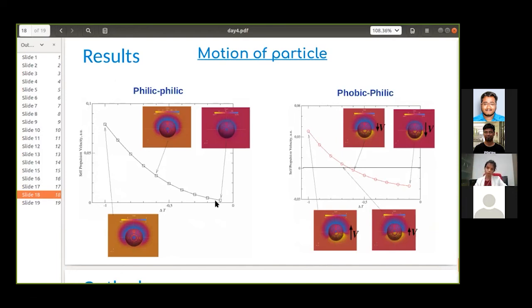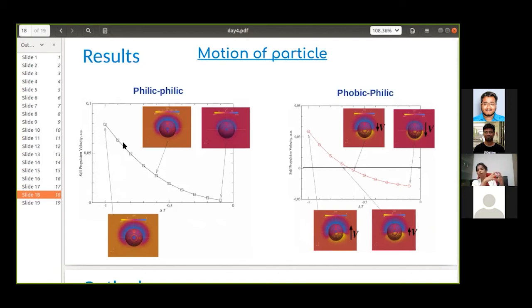If you look at the velocity here, first let's have a look at the philic case. When the temperature gradient is small, the velocity is small. As the temperature gradient increases, so as you move towards the left-hand side, the velocity also increases. And that is something which is expected, okay? Because the mechanism behind this motion of the particle is the temperature gradient.